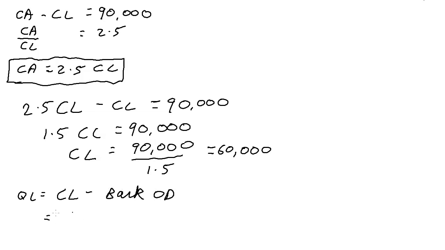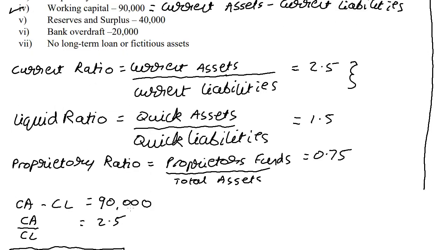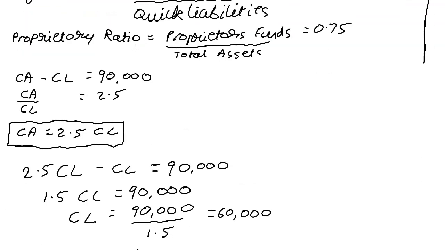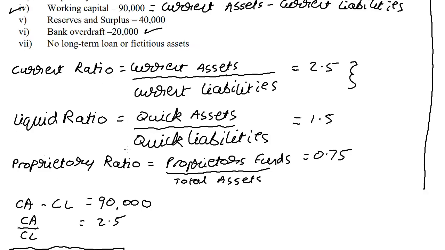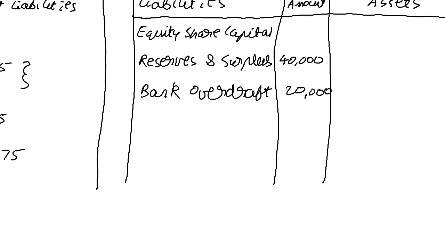Current liabilities is 60,000 and the bank overdraft is 20,000. So I'm going to take 20,000 and subtract. Therefore, quick liabilities is 40,000. With as much detail as possible, we will put data into the balance sheet. Bank overdraft 20,000, quick liabilities is 40,000.